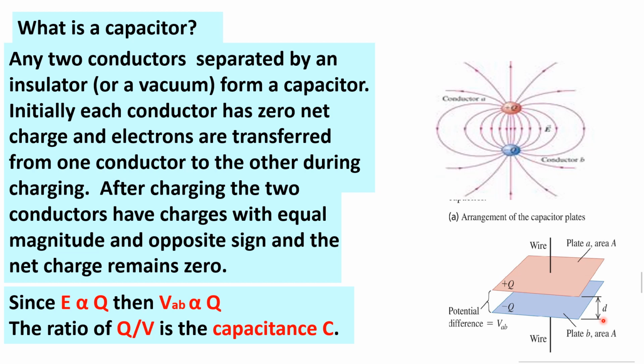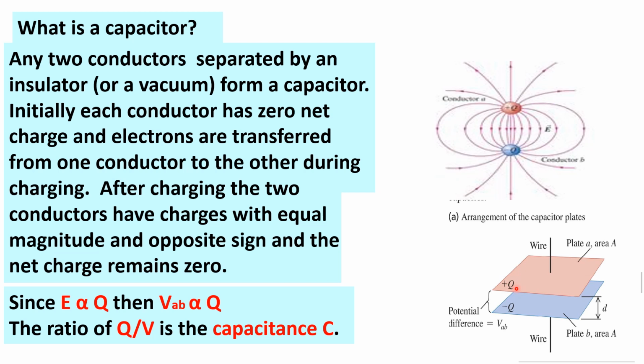So it follows, therefore, that the potential difference, labeled as V of AB, also known as voltage between the two charged plates, must also be directly proportional to the amount of charge Q.